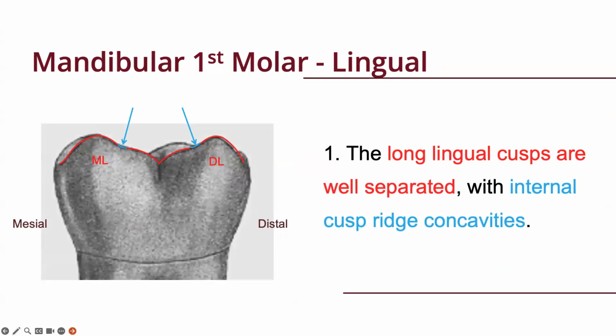Now looking at the mandibular first molar from the lingual aspect, the long lingual cusps are well separated with internal cusp ridge concavities. And this is something that you're going to need to note when you do the waxing practical for this tooth, is that these lingual cusps are well separated, and then there's going to be this internal cusp ridge concavity that you have to create along that cusp ridge on both mesiolingual and distal lingual internal cusp ridges.